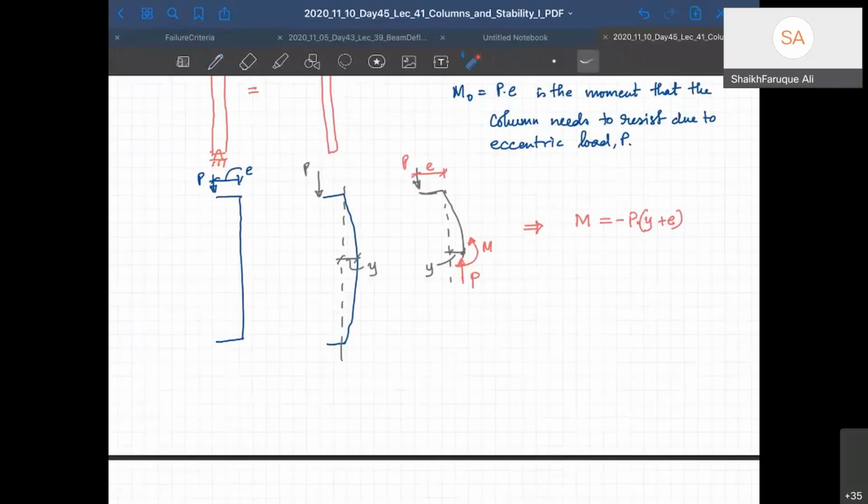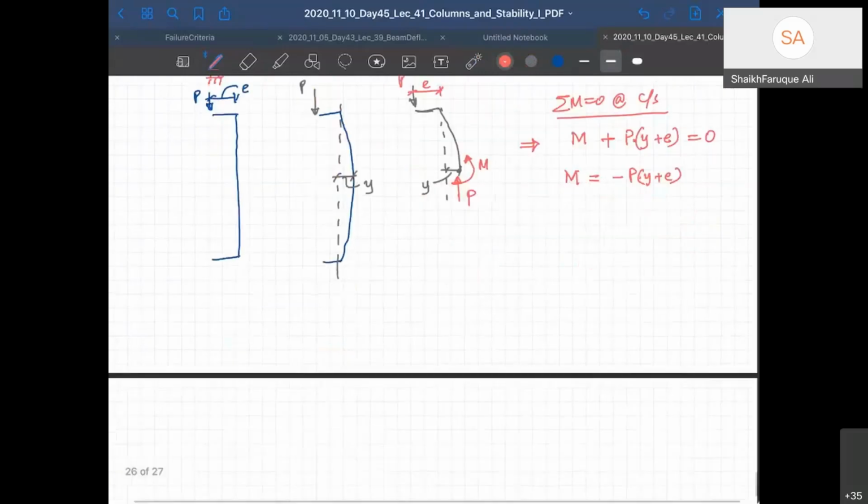So my moment is in anti-clockwise direction, so that's positive, and this force is also giving an anti-clockwise. So M plus P into (Y plus E) is equal to 0. Summation of M equal to 0 at cross section. So that gives me M is equal to minus P into (Y plus E).